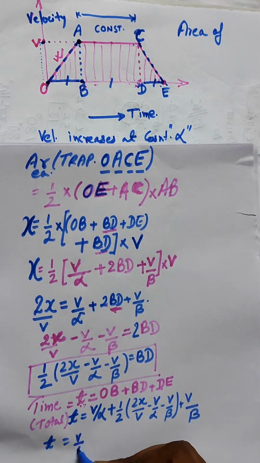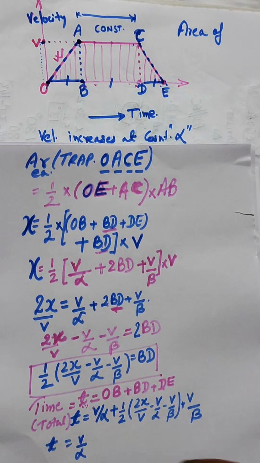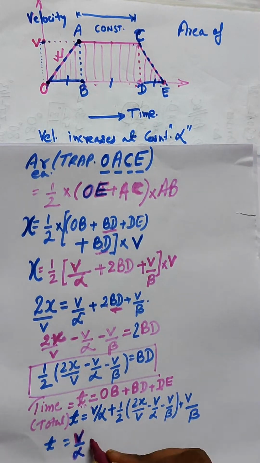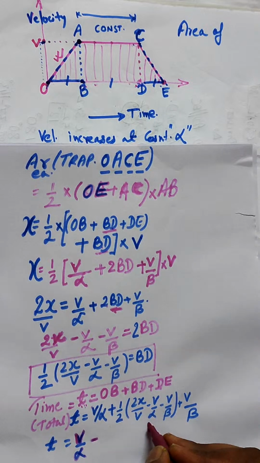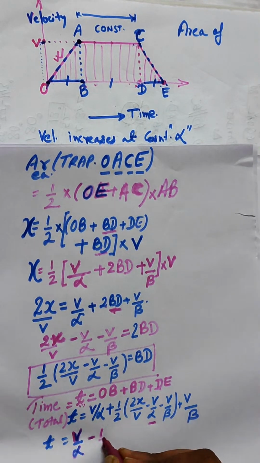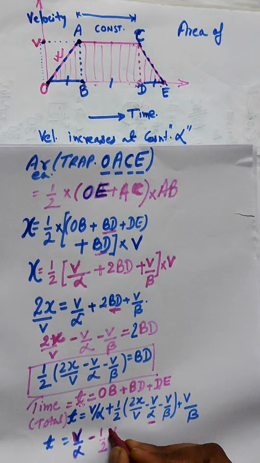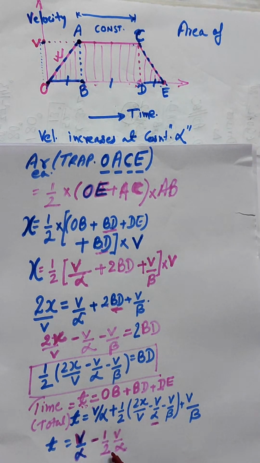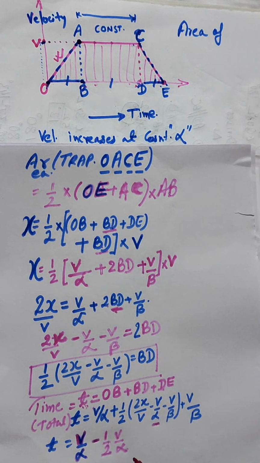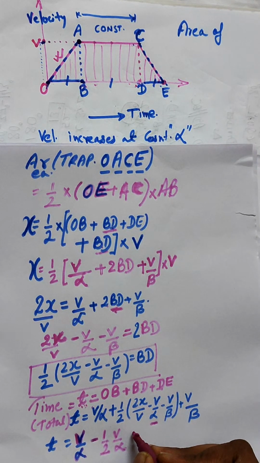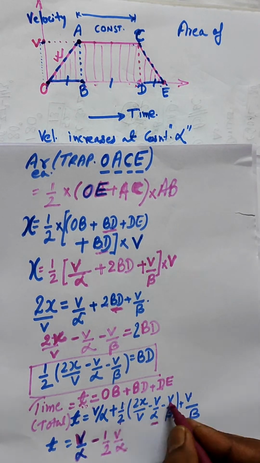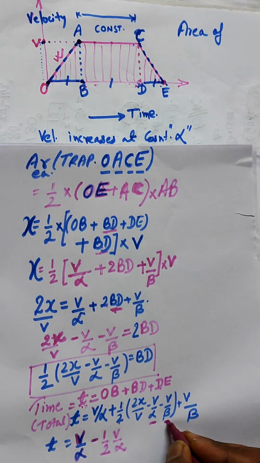So finally this will be coming as V by alpha minus half V by alpha, right? Plus 1 by 2 V by beta minus V by beta, this term, right?